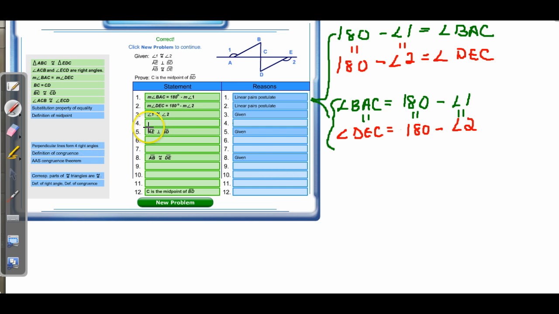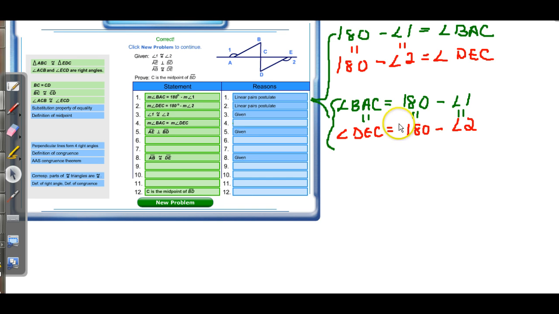So let's go find that: angle BAC equals angle DEC up here. Okay. And how can we conclude that? What is the postulate or theorem or definition or what have you that lets us make this conclusion?